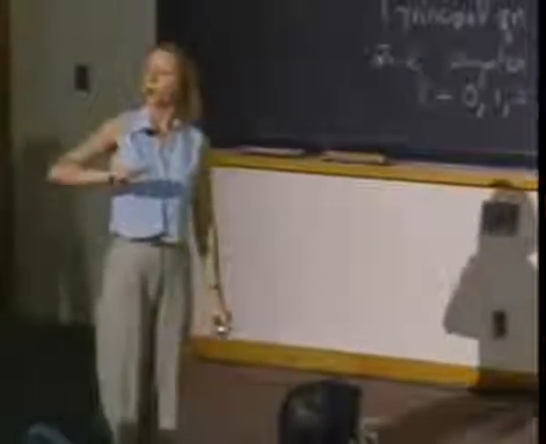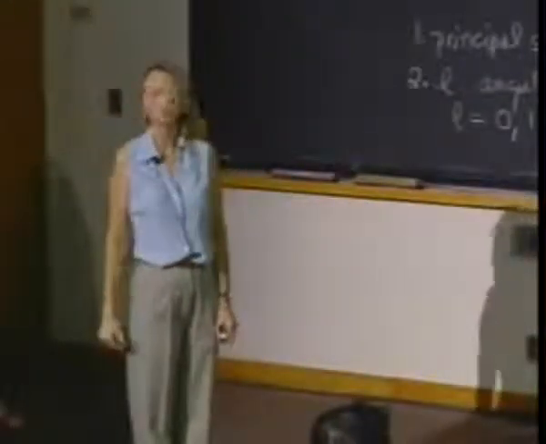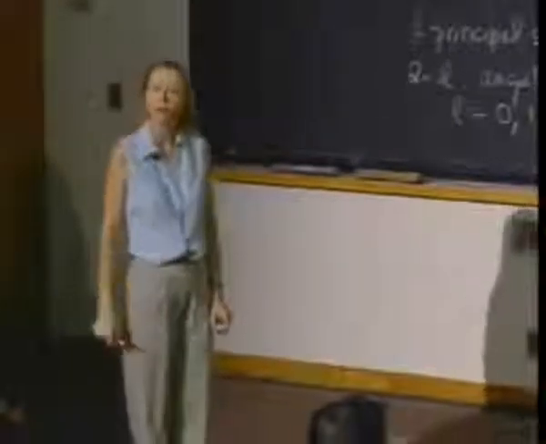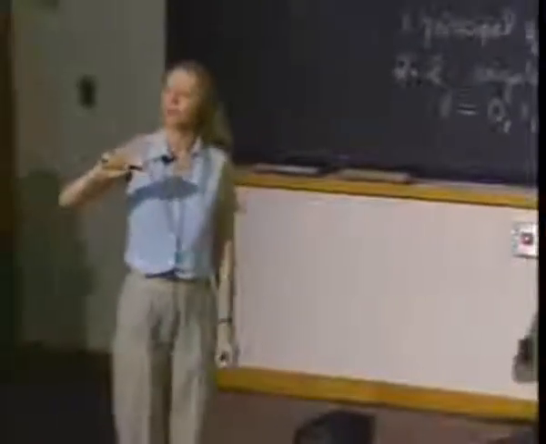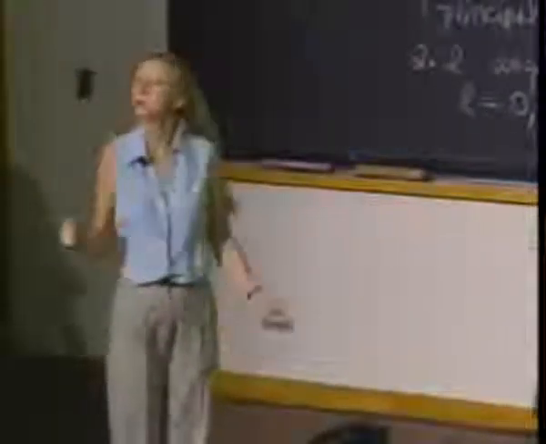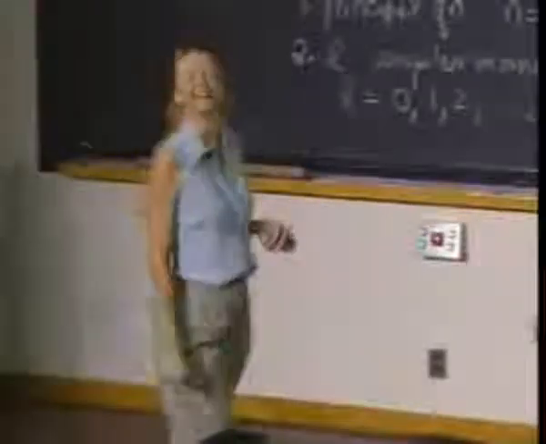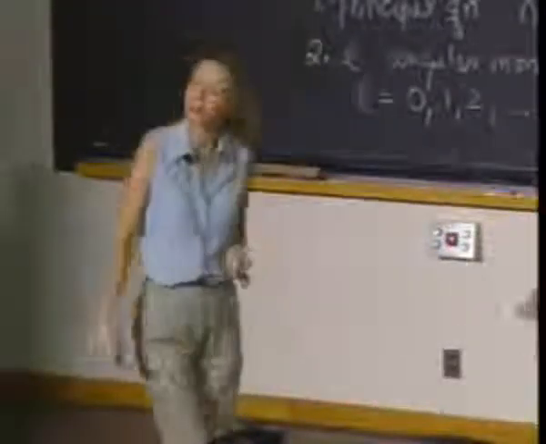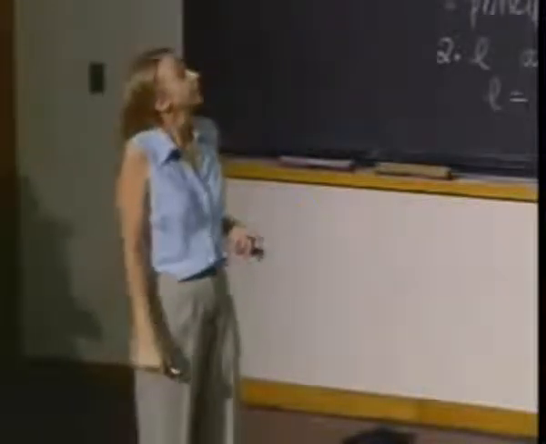Now, suppose we have the first excited state, which was n equal 2, as we looked at last time. If n is equal to 2, what is the smallest value that l can have? 0. And if l is equal to 0, what's the only value m can have? 0.